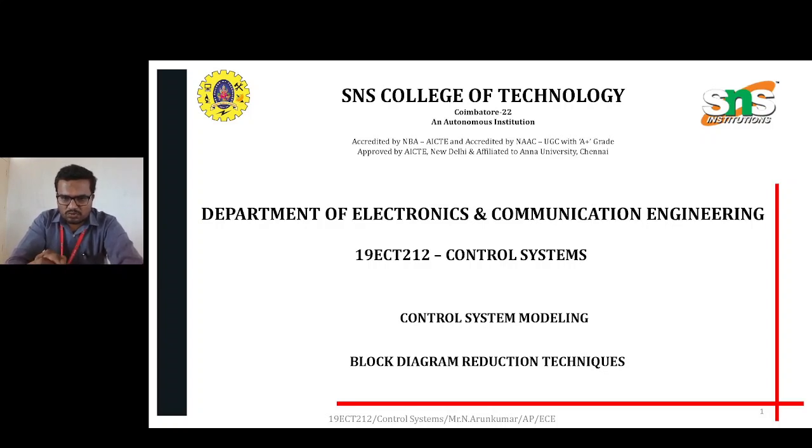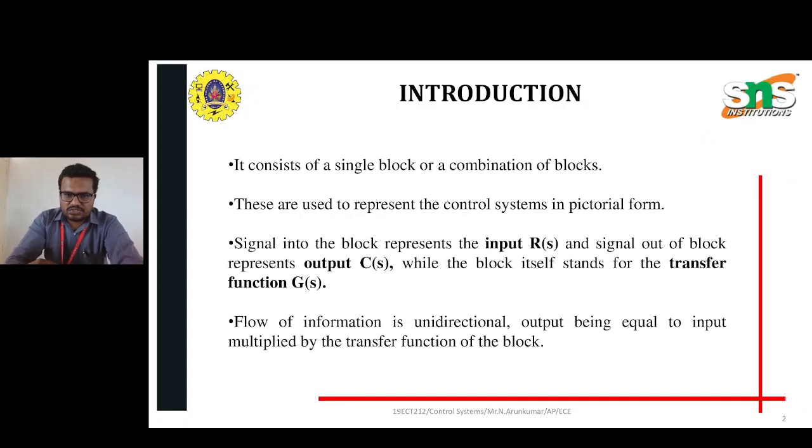Here, some rules are followed to control the information. So here we are going to see how the block diagram reduction rules are applied in the block diagram reduction techniques. There are three factors used to identify the control system transfer functions, either input, output, or transfer functions. Based on these three terminals only, we can eliminate or transfer the information from one to another.